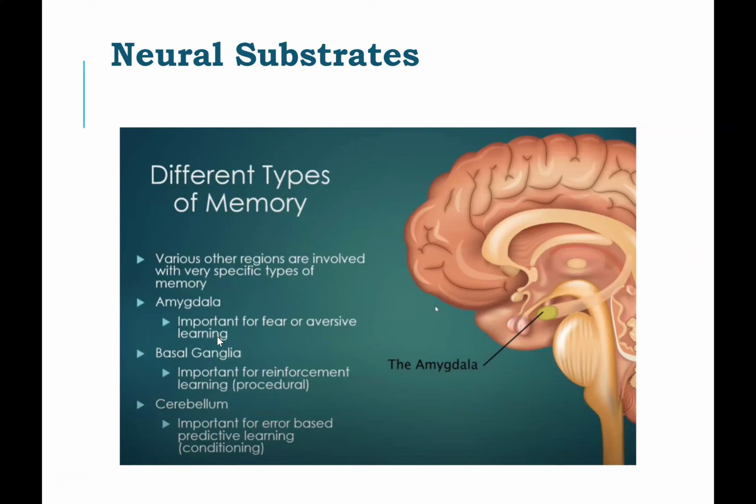So people without an amygdala or with an inactive amygdala are not able to learn what to avoid. Basal ganglia is important for reinforcement learning, and a lot of the dopaminergic neurons are in basal ganglia, in an area called substantia nigra. And it's very involved in those sorts of reinforcement learning.